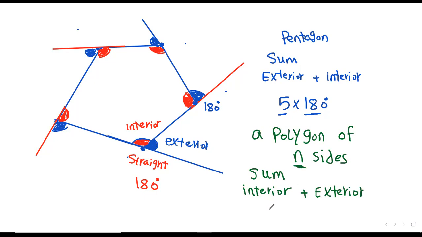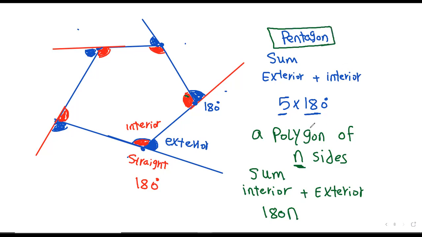So in general, the sum of interior and exterior angles will be 180 multiplied by n. Why 180? Because each interior angle and exterior angle pair equals 180. So if we check the previous example again, how many 180s do I have? I have 5 180s, because the polygon is a pentagon.